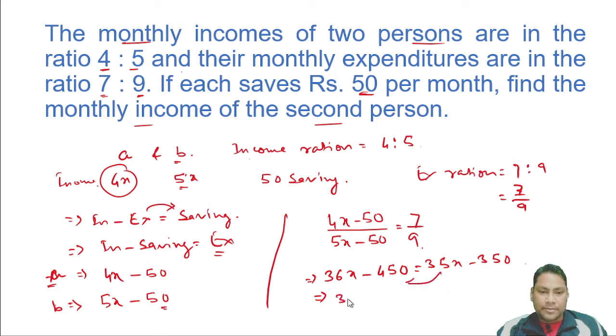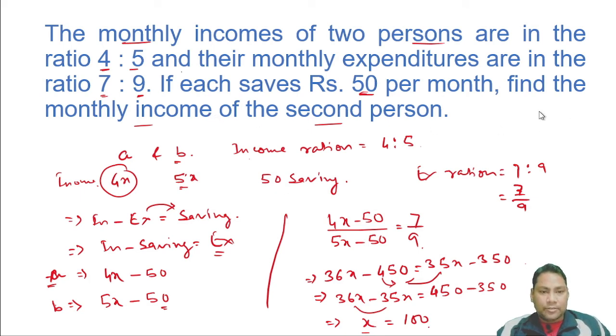This will become 36x minus 35x, and this side we take 450 to become 450 minus 350. So 36 minus 35 times x is equal to 450 minus 350, that is 100. Now the value of x is 100.